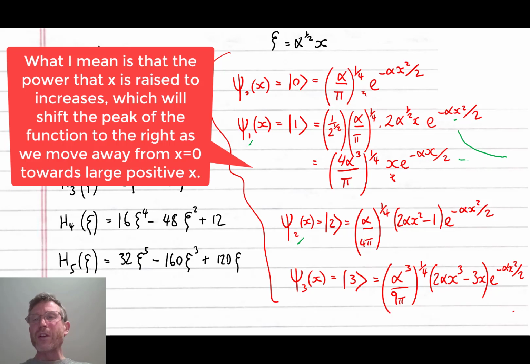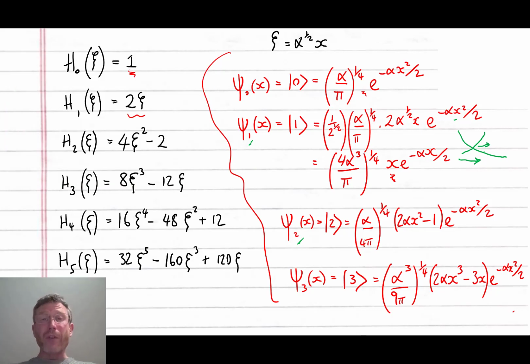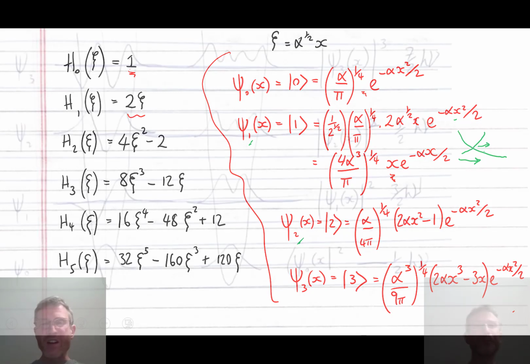We're going to start to force a peak in the envelope function to exist further and further to the right hand side. And what we'll start to see happen, by the way, is when v becomes very large, we start to approach what we might expect from a classical description of balls on springs, but we'll come to that shortly.